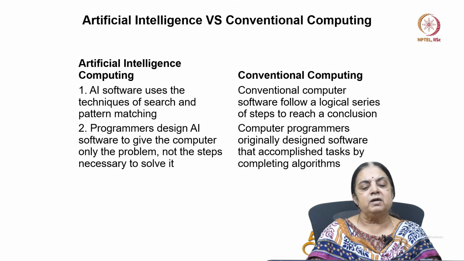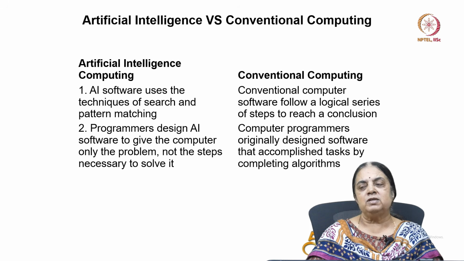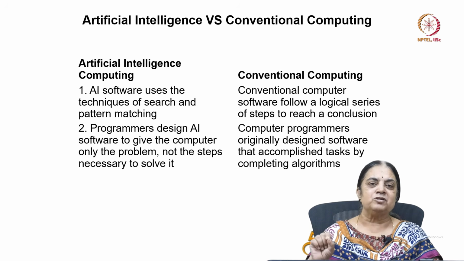So what is the type of computing that you have? Okay, in the case of conventional computing, you use conventional computer software where you give a logical series of steps to reach a conclusion. For example, if you want to carry out statistical analysis, you have to give a step by step procedure, okay.